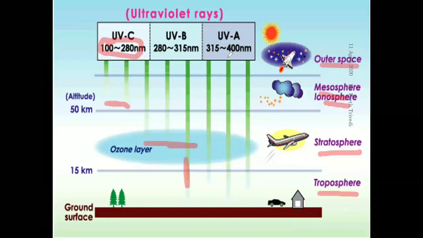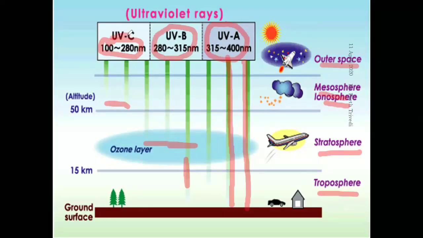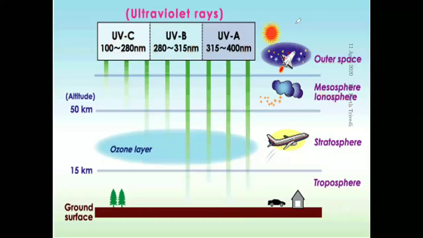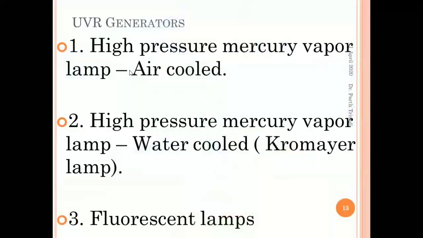It is not fully reaching, but UVA is reaching deep to the Earth's surface. So UVA is 315 to 400 nanometers, UVB is 280 to 315 nanometers, and UVC is your shortest UV. Please make sure, very important MCQ question and short question about this.